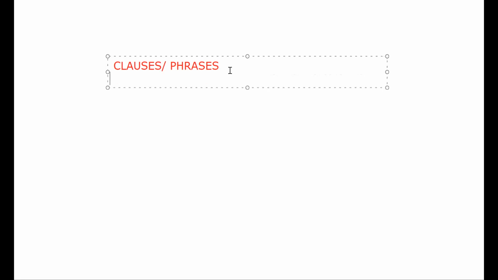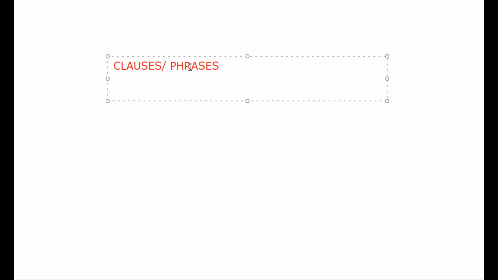Now see here, both may work the same. A clause may work like what, or when, where, why. Phrases may also work like that, but the only difference is the way they appear. Here, a verb is important. It should be there, compulsory, and here it is not there. Now, anyway, check this.